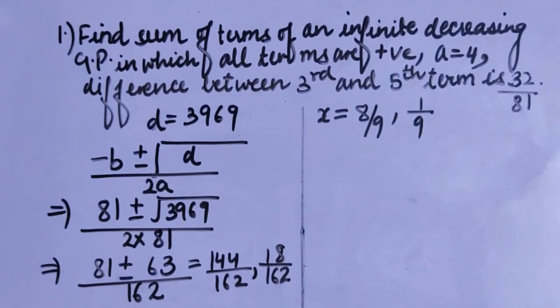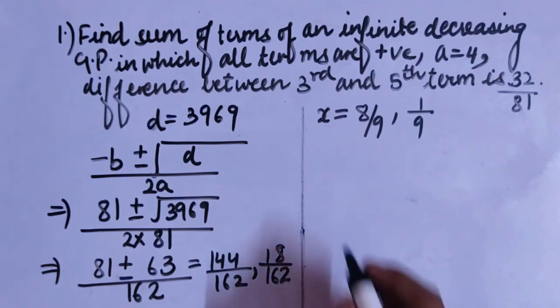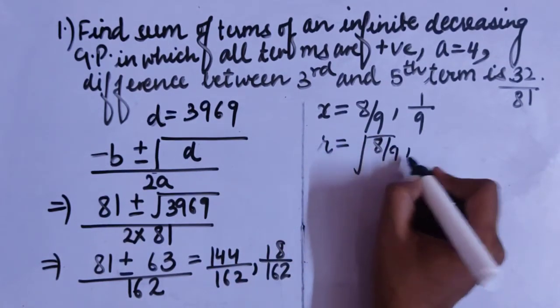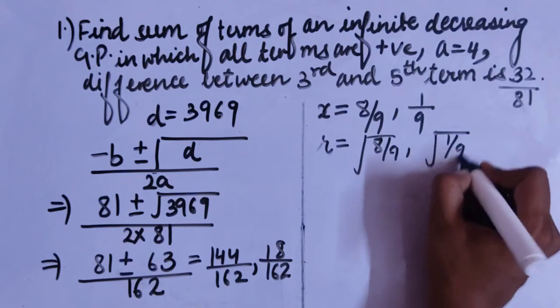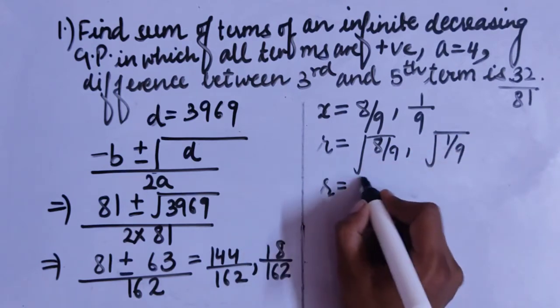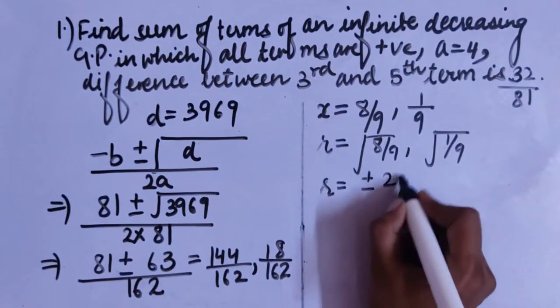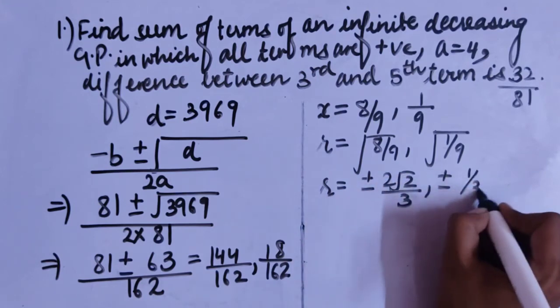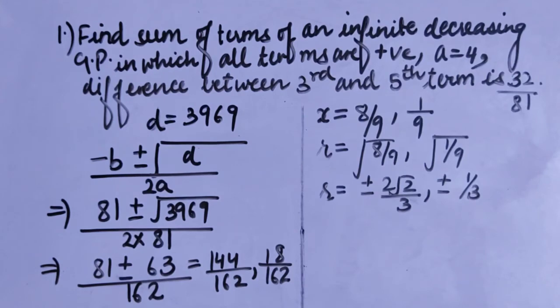But as we know, we assumed that r square was equal to x. So we will get the value of r now. r will be equal to under the root 8 by 9, comma under the root 1 by 9. So the value of r will be equal to plus minus 2 root 2 upon 3, comma plus minus 1 upon 3. So we have got the value of r as well.